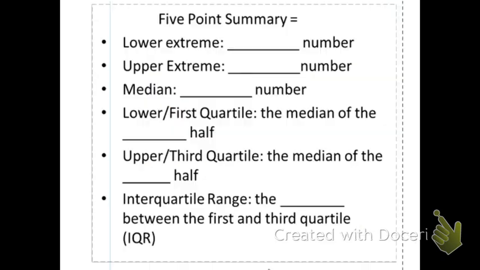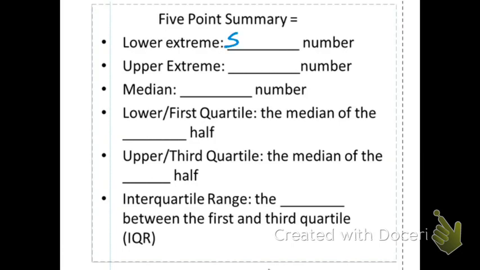Now we're going to talk about how to find the different numbers if we were looking at a set of data. This is in your notes, so let's fill this in. First of all, for the lower extreme, which is also called the minimum, what number is that going to be? What do you think I'm going to fill in right there?